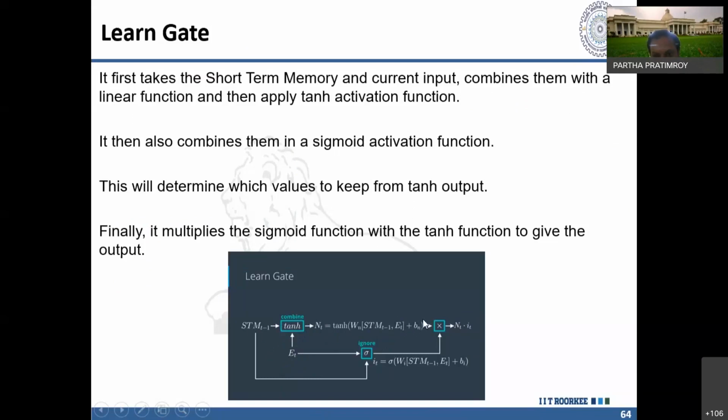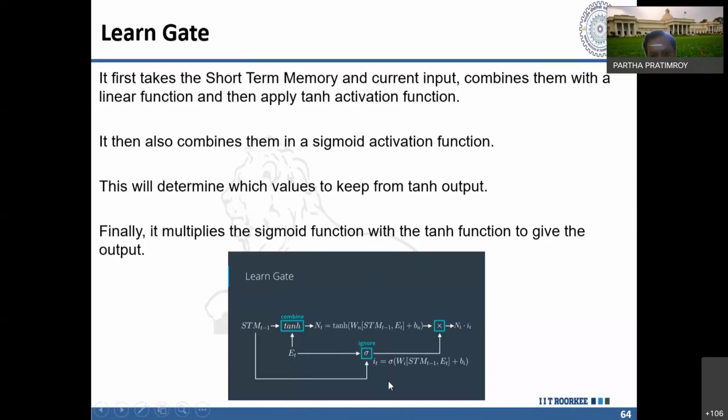Okay, and then plus bias. This is the HT, tanh. Okay, and then you get the total output. And this present information is actually given some ignoring factor, the sigma.